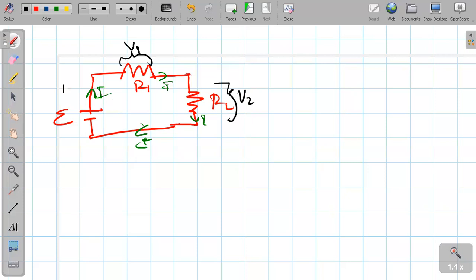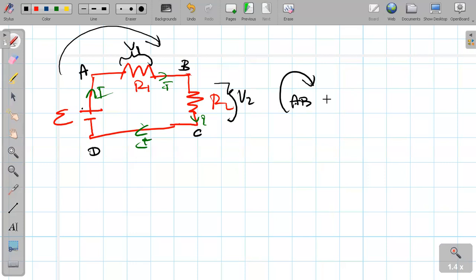I told you, you have to start with a loop. I am going to start the loop from this point and go in the clockwise direction. There are other junctions, B, C, and D. My loop is A, B, C, D, and again ending at A. You started from A and ended at the same point, considering a loop.